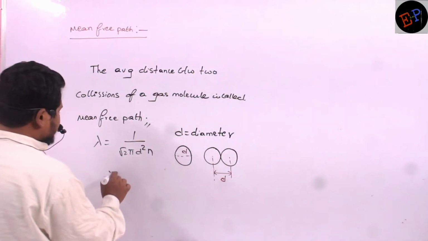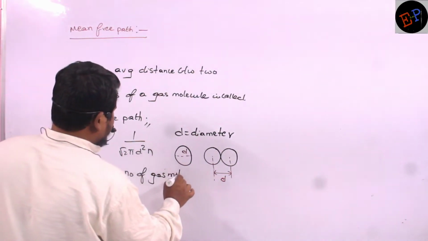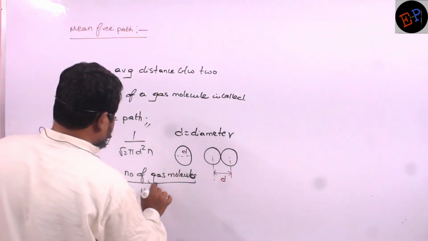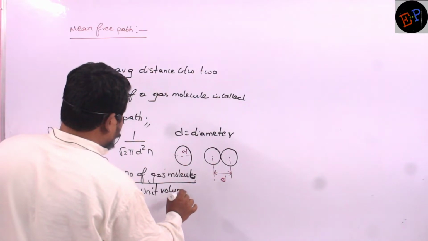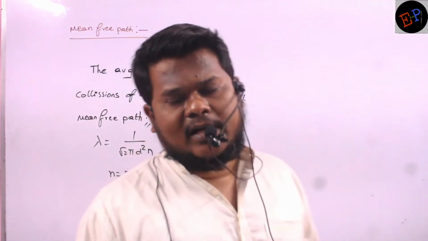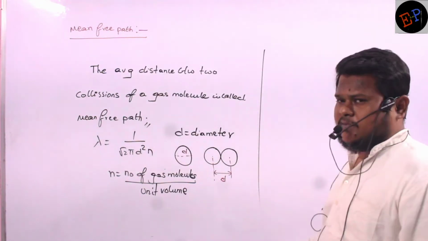Now what is meant by n here? n is the number of gas molecules per unit volume of a gas. So per unit volume, how many molecules are present. The same equation I can write in terms of the radius of the molecule also.